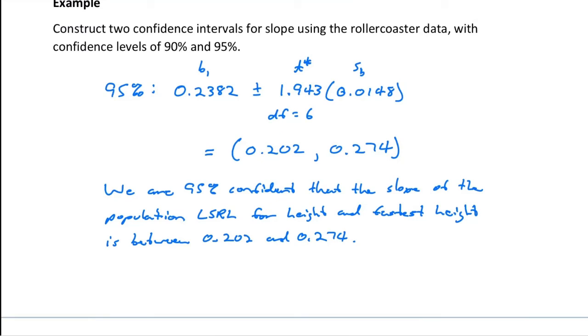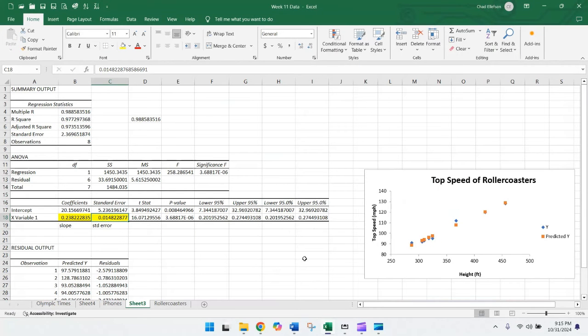Now, why did I want to start with the 95%? Our values that we found using this method were 0.202 to 0.274. You might have noticed this in the data before if you're paying close attention, but if we go back to Excel, here was our slope and our standard error that we found. But if you keep going across, notice that there is this lower and upper 95%. And look at those numbers.